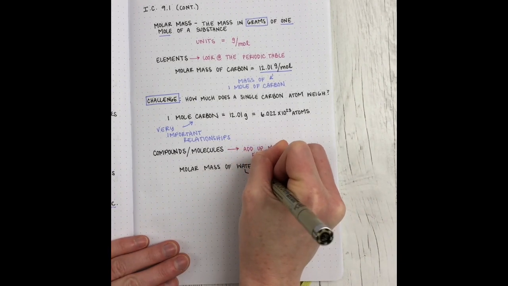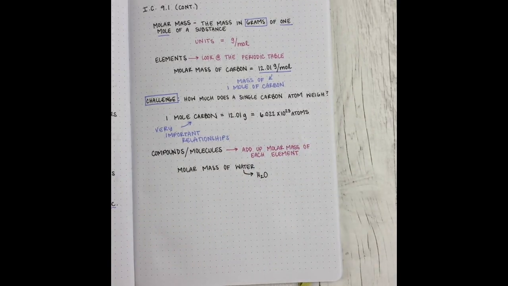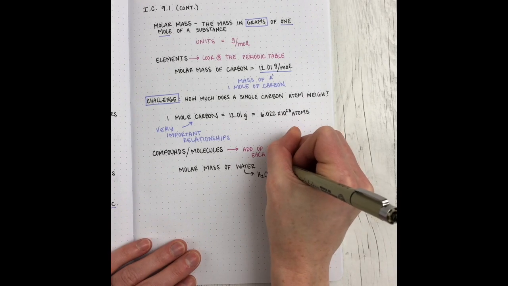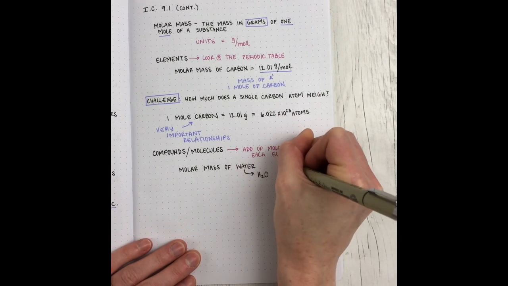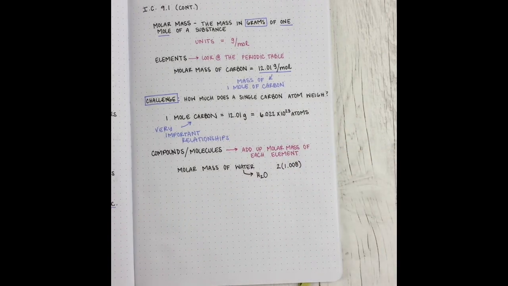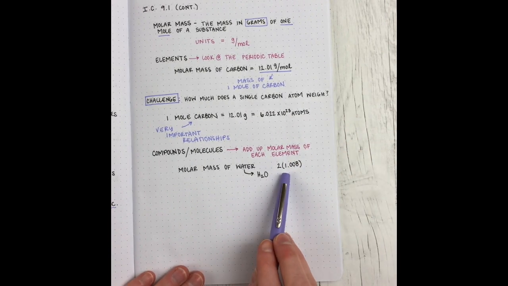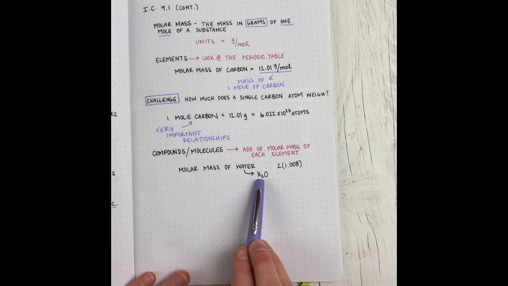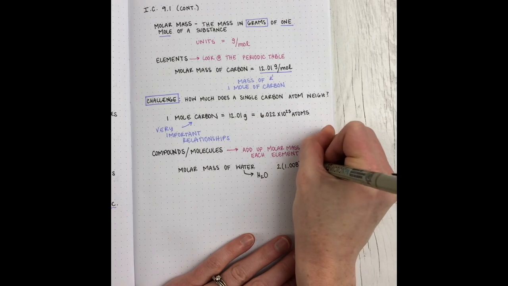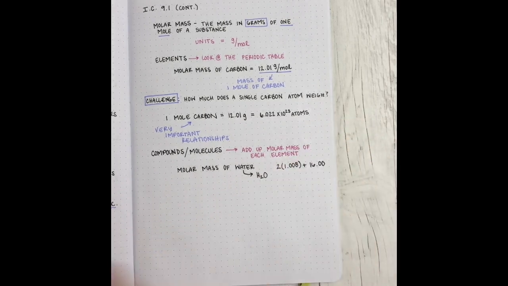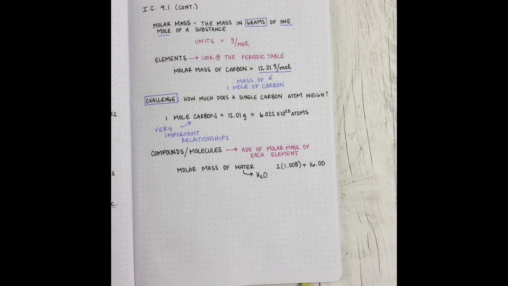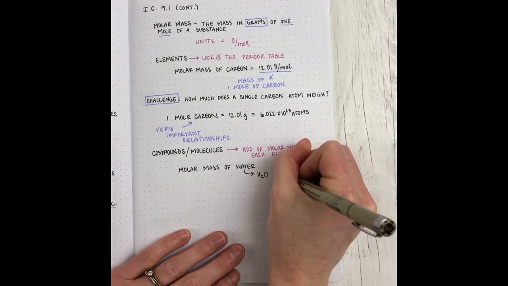So in order to figure out the molar mass of water, we're going to take the molar mass of hydrogen, which is 1.008, multiply that by 2, because there are 2 hydrogen atoms in water. And then we're going to add the molar mass of oxygen, which is 16.00. Again, I just got those numbers by looking at the periodic table. So there's 1 atom of oxygen, so we're just going to need 16.00.